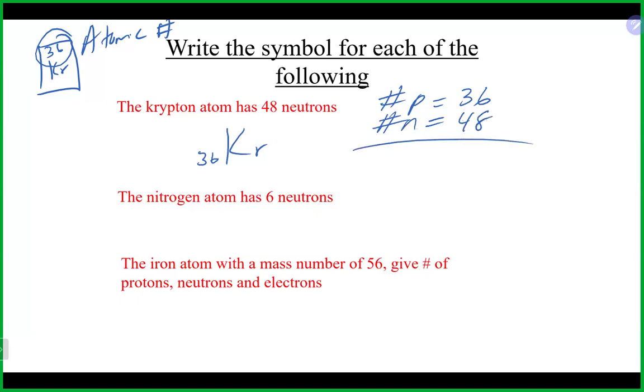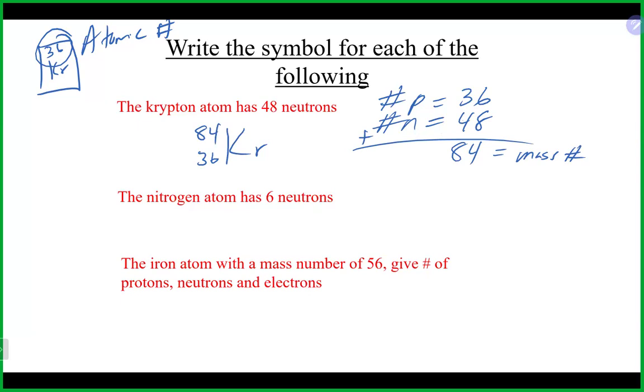So we'll take our 36 plus our 48, which gives us 84 when we add them together. And that's going to equal our mass number, and that would go up on top in this case. Clearly, we could assume it's neutral because it didn't say anything about a charge. Any questions on that one there?